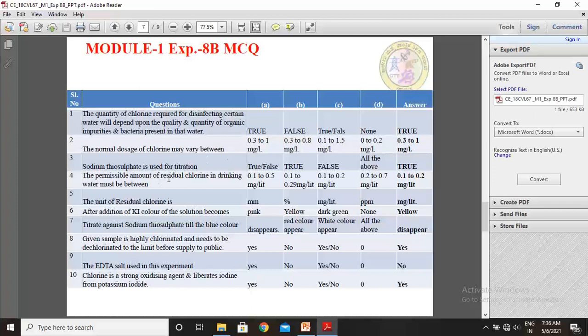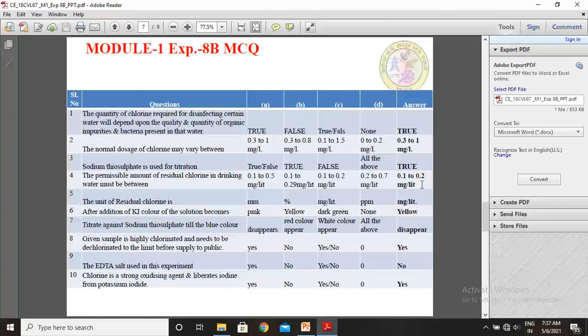Sodium thiosulfate is used for titrations. Options: true and false, or true or false, or all the above. Option is true. The permissible amount of residual chlorine in drinking water must be between 0.1 to 0.5 milligram per liter, 0.1 to 0.29 milligram per liter, 0.1 to 0.2 milligram per liter, 0.2 to 0.7 milligram per liter.